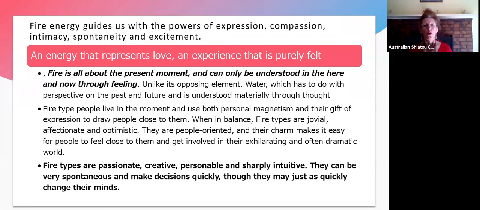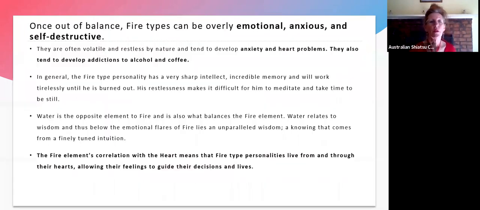So, okay, let's look at what happens when it goes out of balance. And here again, you've seen this notion about water needing to contain the energy if it gets out of balance.